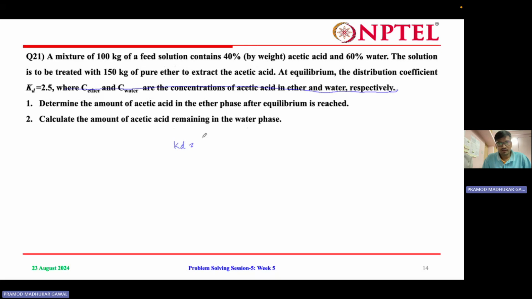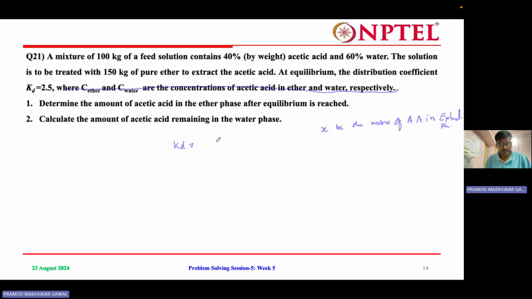So like here, let us consider x to be the mass of acetic acid in the extract phase, means ether phase, right?